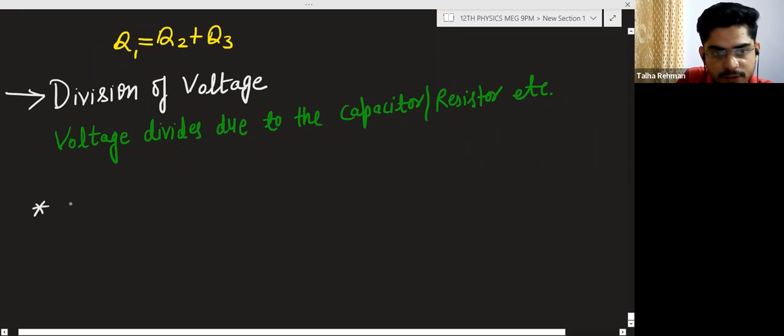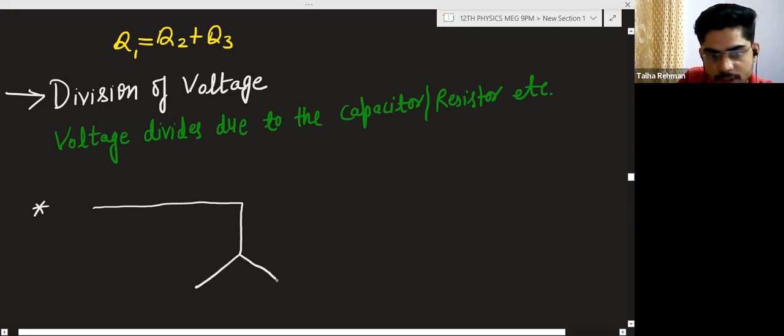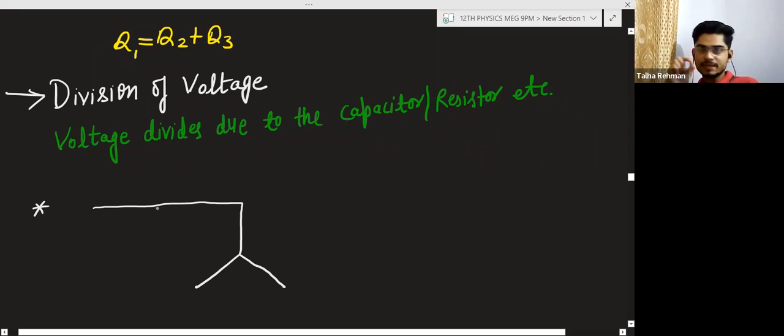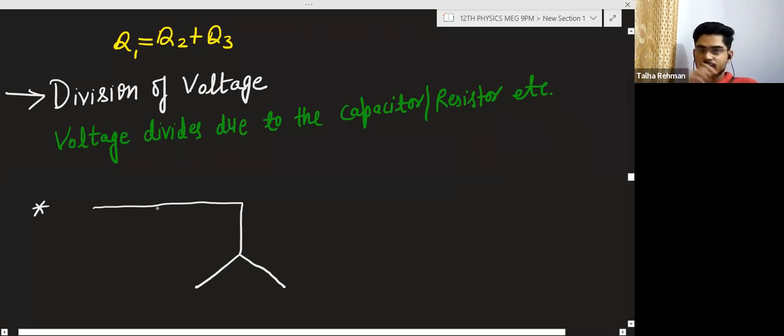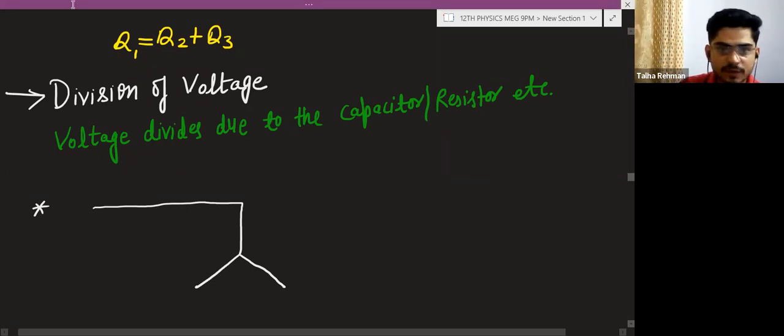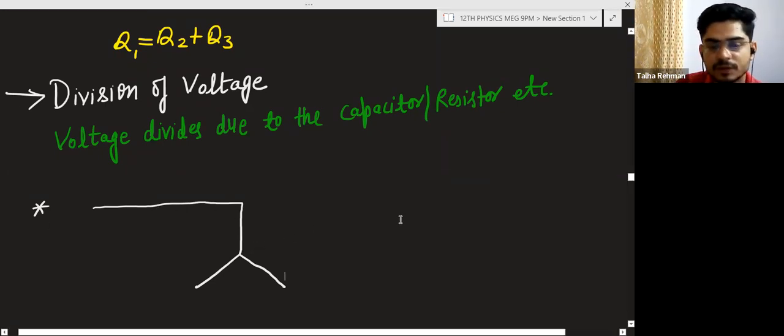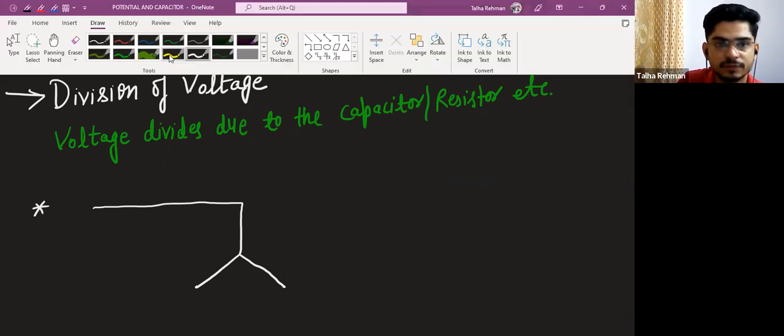So if I am taking a wire like this, and Hamza, if there is no capacitor or resistor connected on this wire, it means the potential will remain the same no matter how many branches there are in the wire.